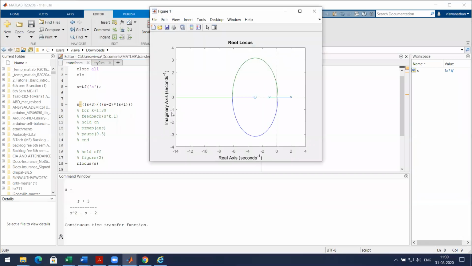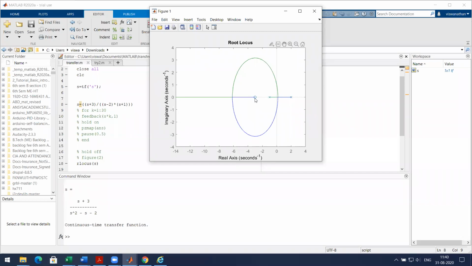If you look at the root locus plot, first look at the poles. Poles are 2 and minus 1, and the zero is at minus 3.